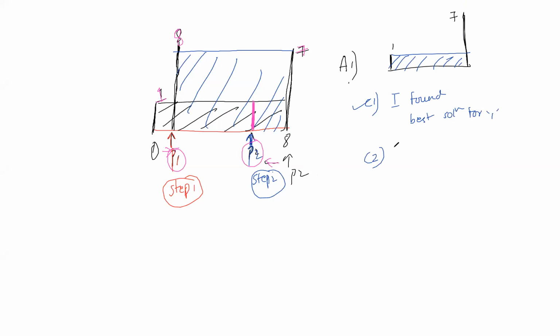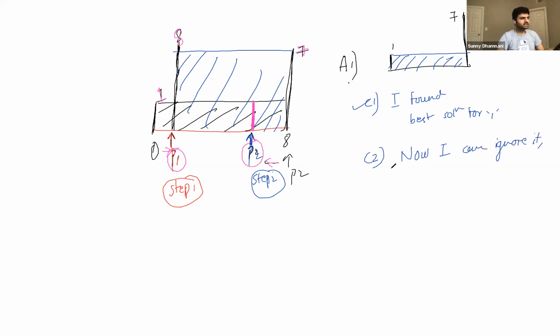Okay. Now what I'm saying is, since I found the best solution for 1, now I can ignore it. So what that means is, anything which involves 1 will be worse.